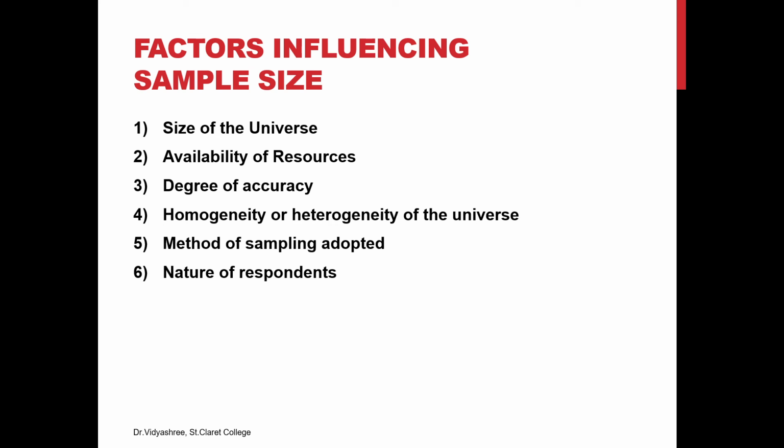So if the heterogeneity is more, then you have to collect the data from each course of the students. If you're collecting the data from bank customers, everybody who has an account will be called a bank customer. So that's why the homogeneity is more. Then if the homogeneity is more, then the sample size could be less. If heterogeneity is more, then the sample size should be more.